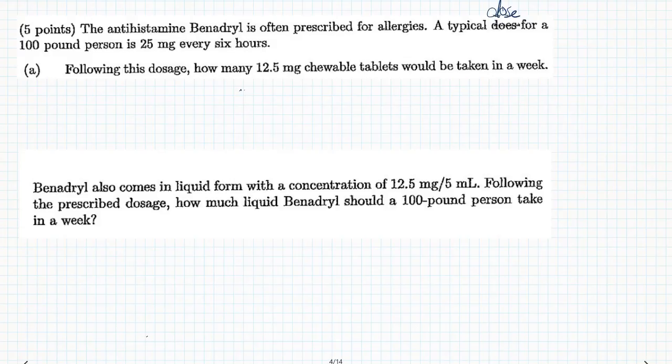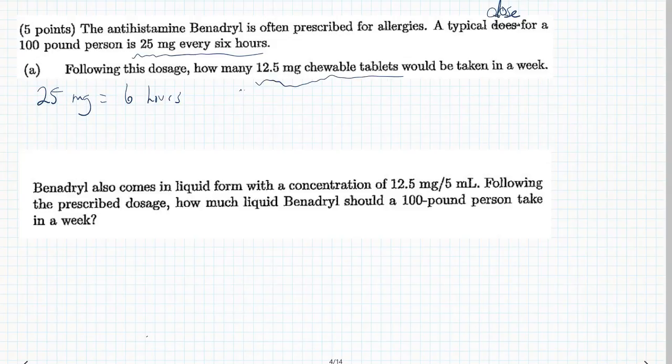Okay, so first off, the 100-pound person is there to throw you off. We have 25 milligrams every 6 hours. So 25 milligrams equals 6 hours, right? Now there's another relationship: how many 12.5 milligram chewable tablets would be taken in a week? Well, we have 12.5 milligrams equals 1 tablet.